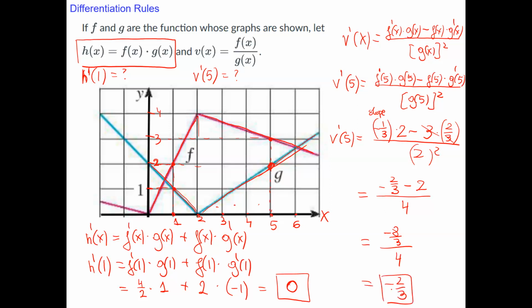I hope I didn't rush. Yes, I think it's correct, because this is 6 over 3, 6, 7, 8, negative 8 thirds over 4, negative 2/3. Okay, that means this is the answer for that one. This is for the h value. Okay, that means just the rule, but using the graph.